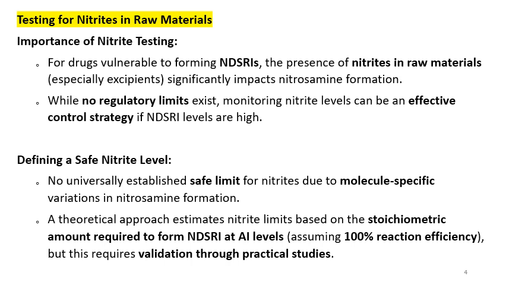If there is no regulatory limit for the nitrites, the control strategy can be made based on the experience of the nitrite levels and the NDSRI levels. If the NDSRIs are formed and you find that nitrites are present, the critical level should be evaluated.